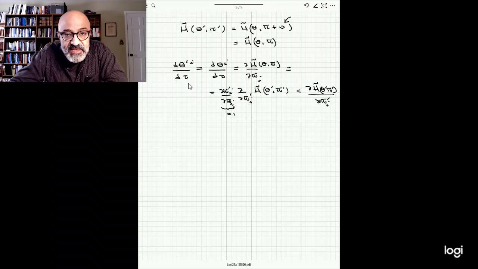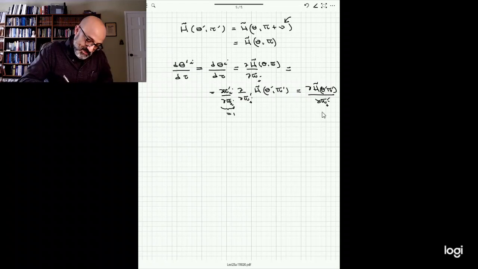So you can see that if the old thetas satisfied the equation of motion, the flow with the old thetas, the new trajectory with theta primes also satisfies the equation of motion.